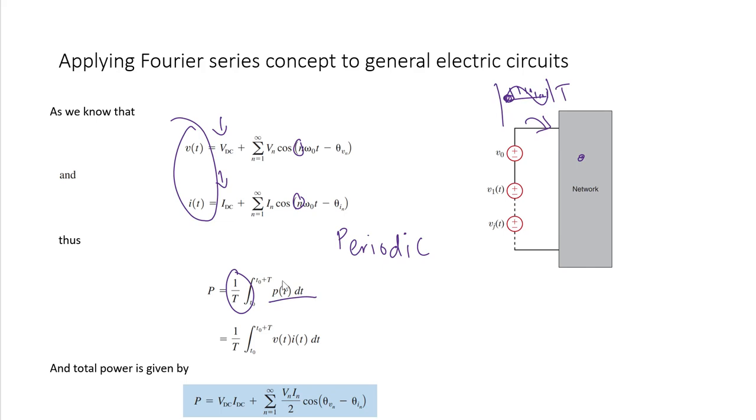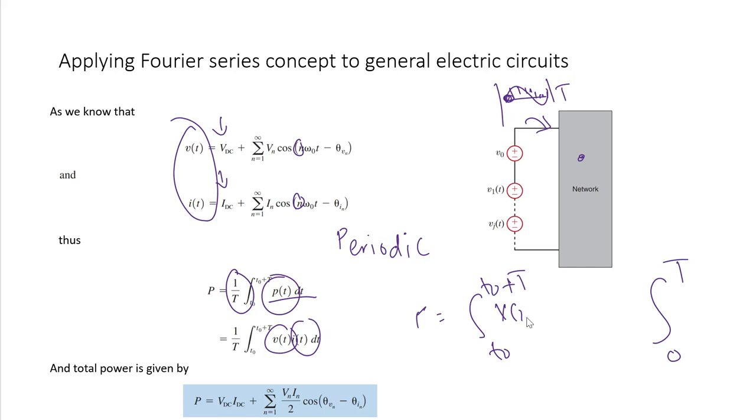We replace this p(t) with v times i. So we got P equal to the integral from t naught to t naught plus T. If this t naught is considered 0, we will have from 0 to T, so up to one time period, multiplied by v of t and i of t and dt, since it is instantaneous.